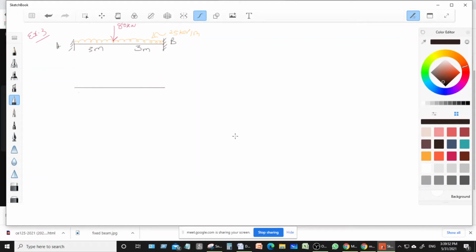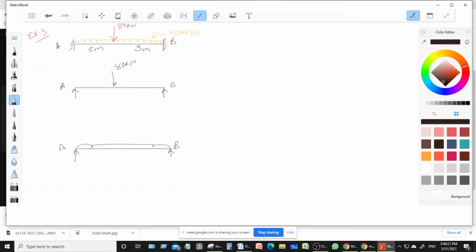So first of all, I will pick up one load, that is the point load, 80 kilonewton. This is my beam AB. Similarly, I will create another simply supported beam, and I just apply that UDL load, separately.